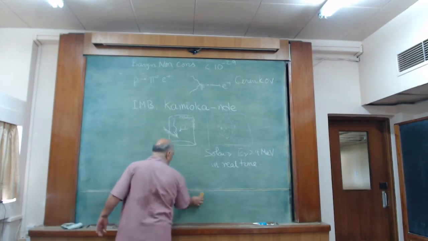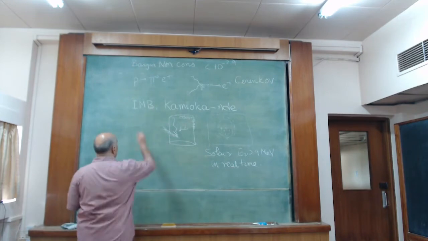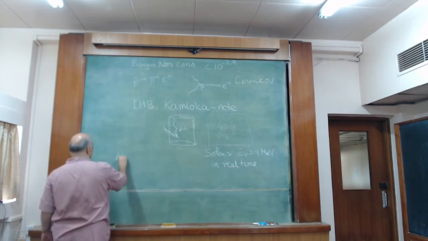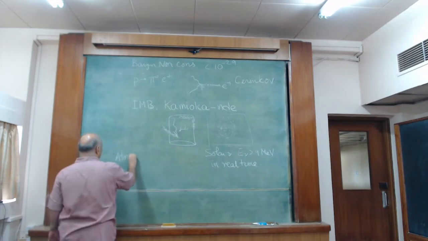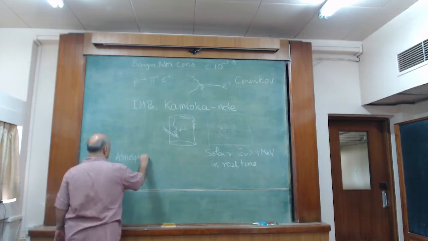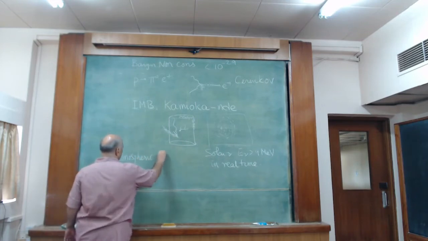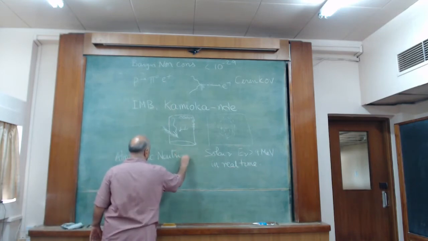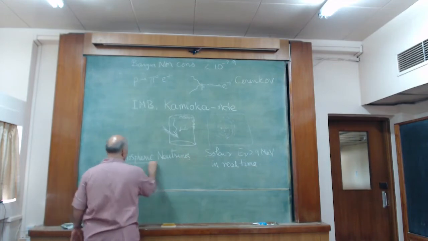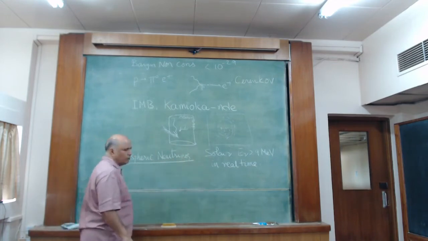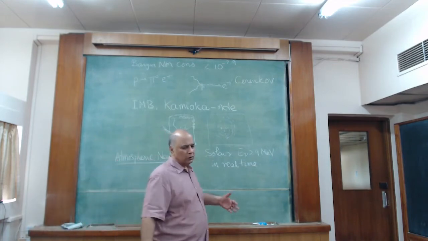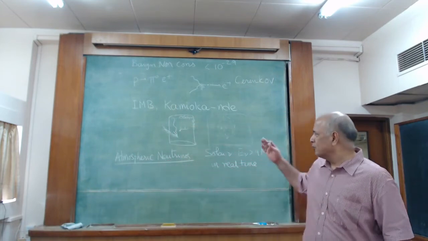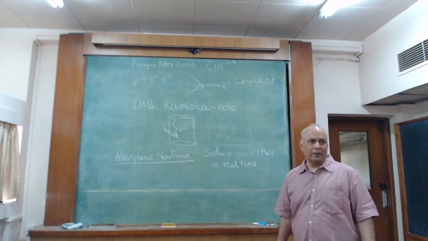The primary thing for both IMB and Kamiokande are atmospheric neutrinos. Just to set the stage, why atmospheric neutrinos are important for IMB and Kamiokande.